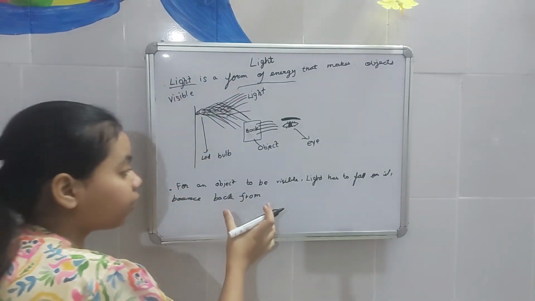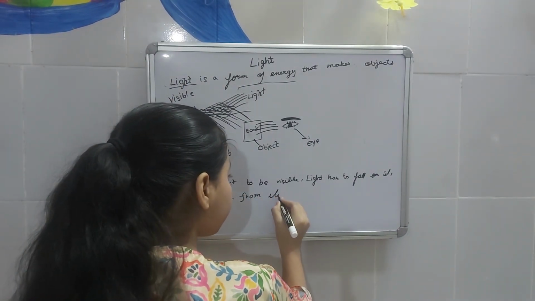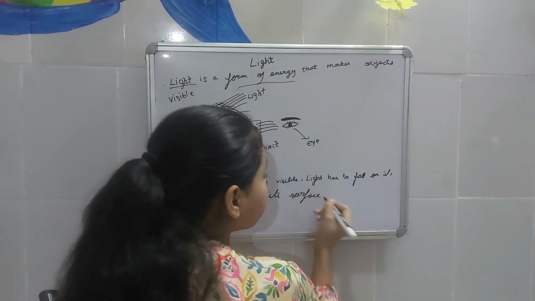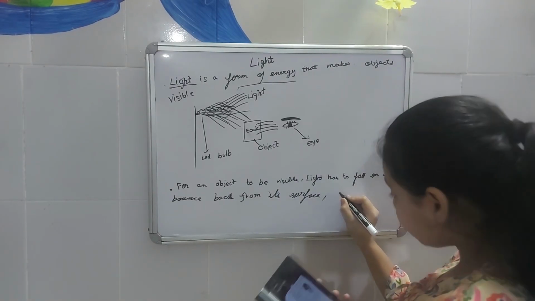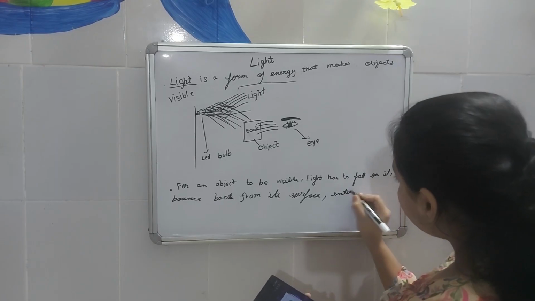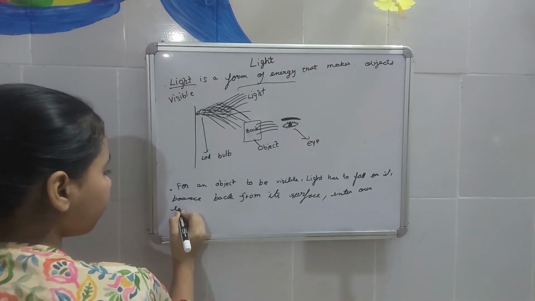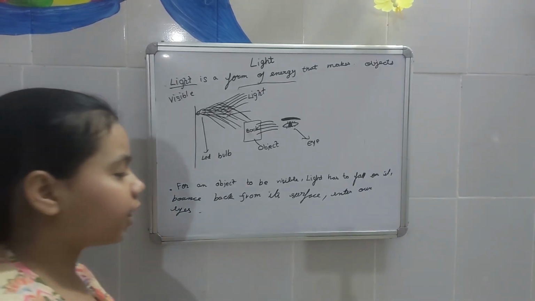So the answer will be that from its surface. That's why you have to write surface, then enter our eyes, both eyes, not just a single eye.